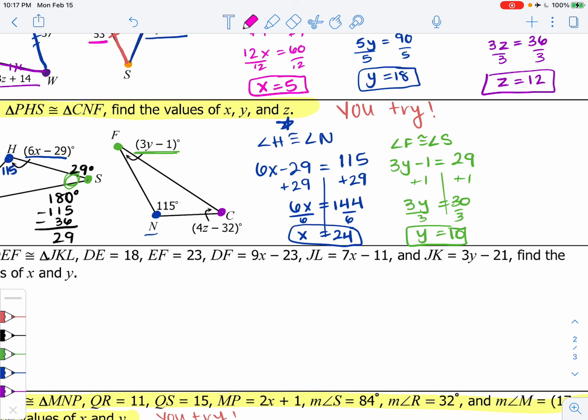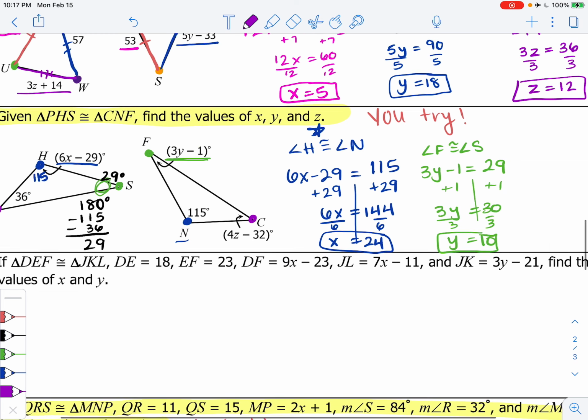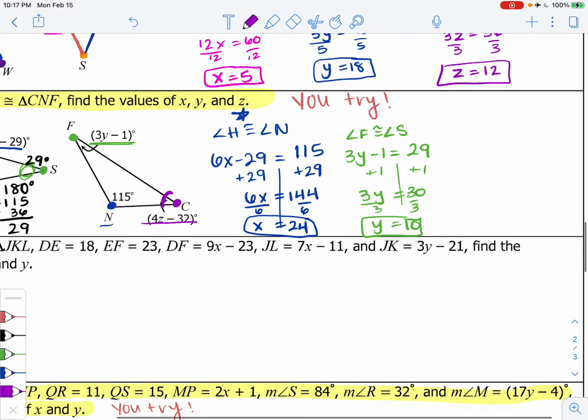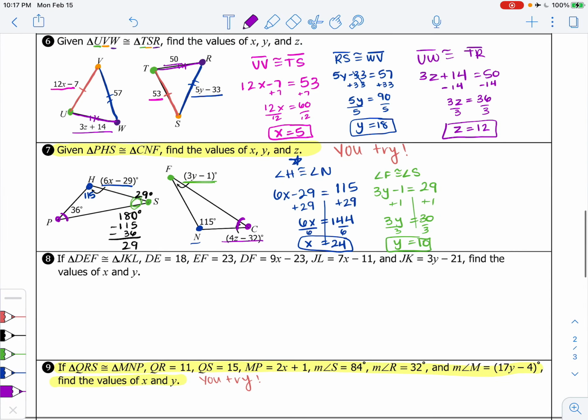So to find z, I'm going to match up angle C, since that is the one that has the z, with its corresponding angle, angle P. So we know that angle C is congruent to angle P. And so the measure of angle C is that 4z.